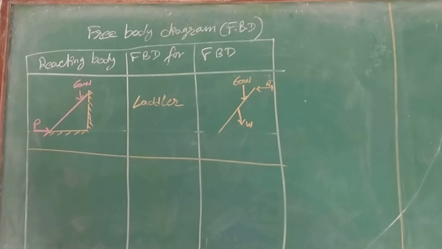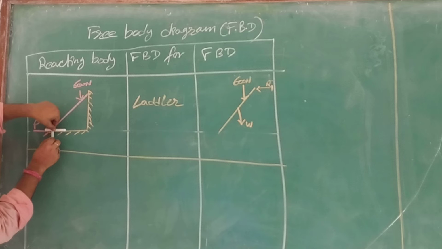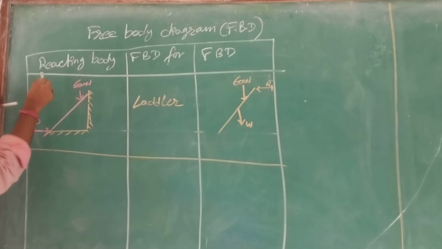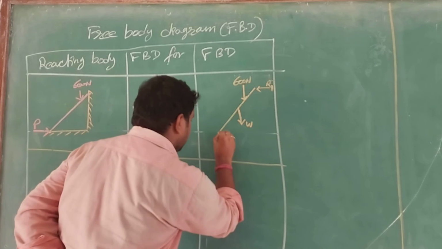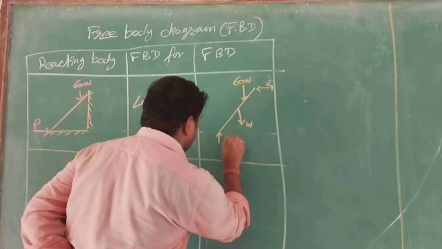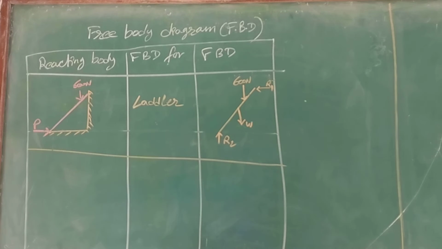Now, here there is again a contact, and now my reaction will be in this direction. That will be my reaction. Let that be R2. Any doubt till now? Please look over it.